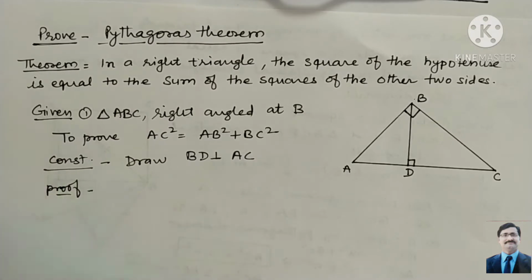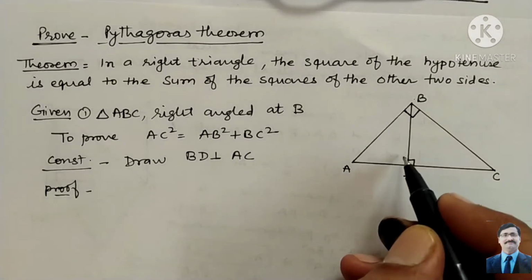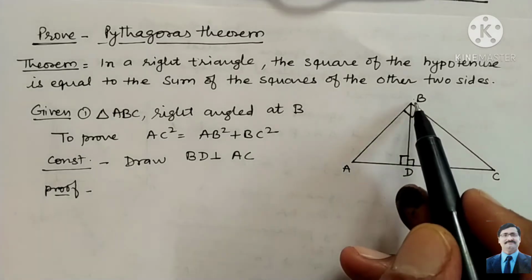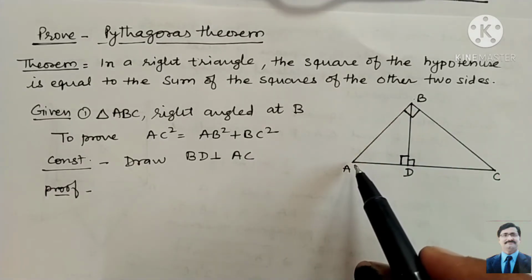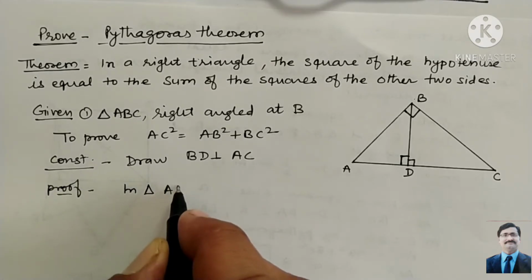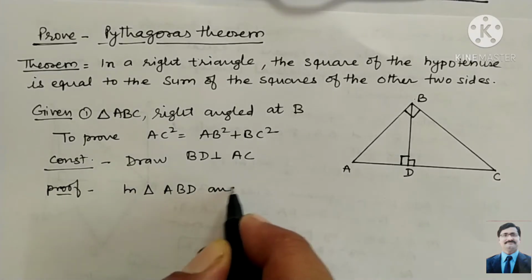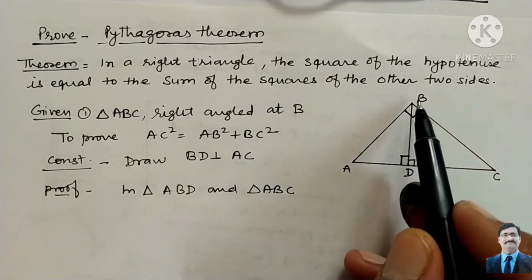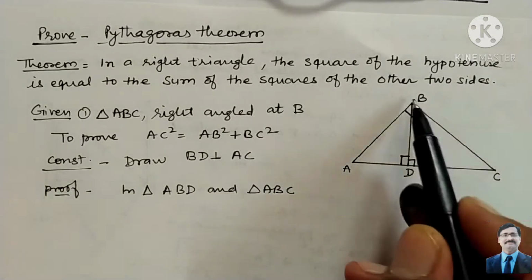Here we have to use the similar triangles rules, and only then can we do this. Now we draw the perpendicular, so this angle is 90 degree, and we can check in triangle ABD and triangle ABC, this whole triangle.